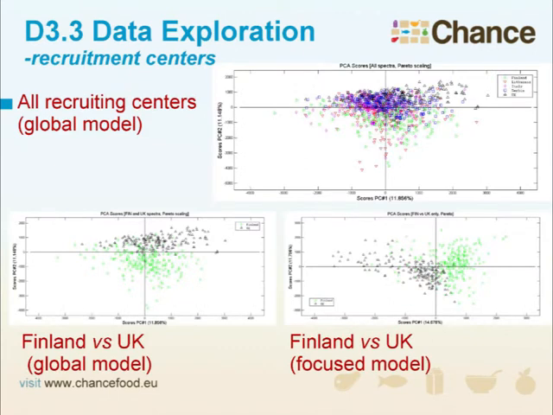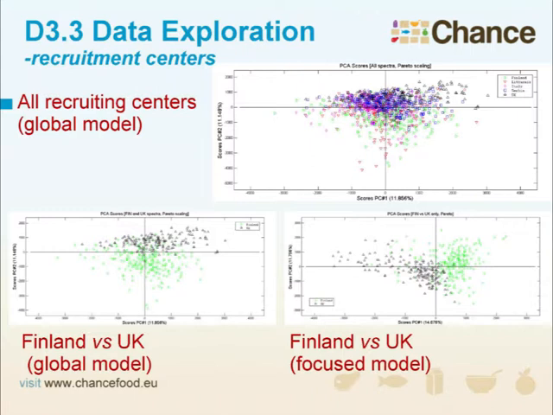We also looked if there was any influence of the recruitment centers, and this is the global model, which is colored according to the different recruitment centers, and it's pretty randomized in the global model. But if we look more detailed, like Finland versus UK, we could actually see a clear separation between these two, also both in the global model and in the focused model.